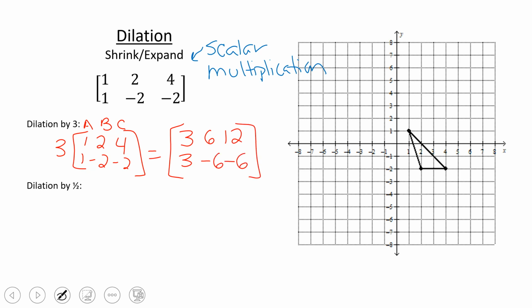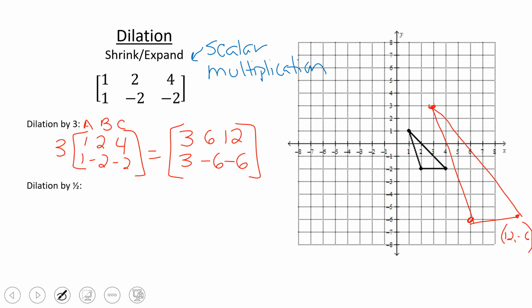Now it does look like I'm going to go off my graph a little bit, but that's okay. If I were to draw this, I have 3, 3, 6, -6. And then 12, -6, I mean, this grid only goes to 8, so I'm going to say that it's out here and maybe make a note to myself that that's 12, -6. And so this is what dilating by 3 would turn into.